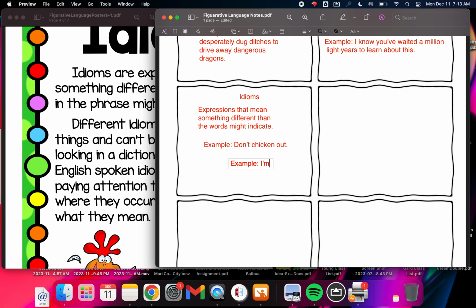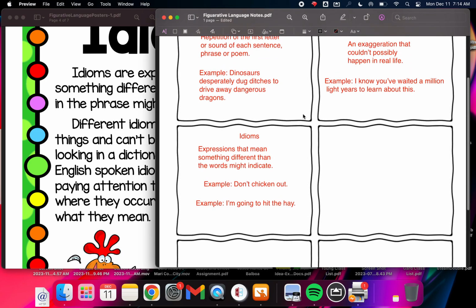I'm going to hit the hay. So you may have heard that before. Actually, that doesn't mean that you're going to go punch some hay or that you're going to fall into some hay. It really just means you're going to go to sleep, right? So those are different examples of some idioms, but there's literally thousands of idioms that we could use, right?